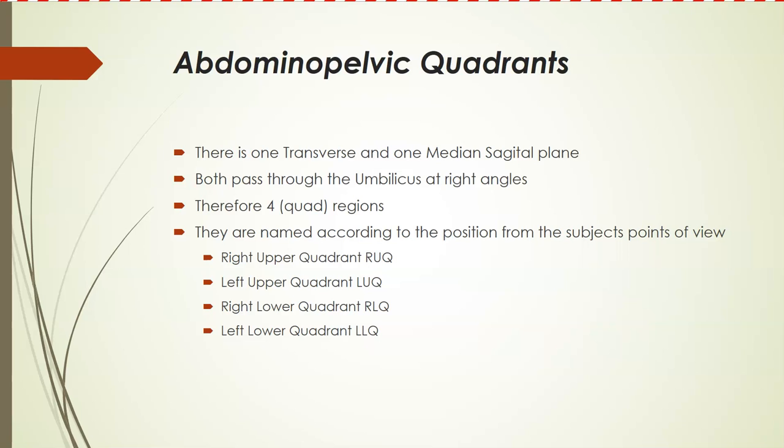So both the transverse and the median sagittal planes pass through the umbilicus at right angles, dividing the abdominopelvic region into four areas. And they are named according to the position from the subject's point of view: the right upper quadrant, the left upper quadrant, the right lower quadrant, and the left lower quadrant.